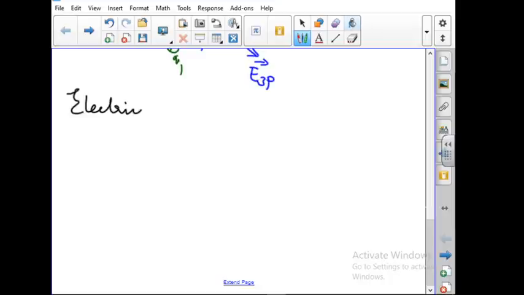Electric field due to continuous charge distribution.